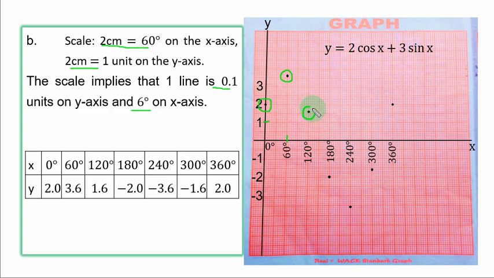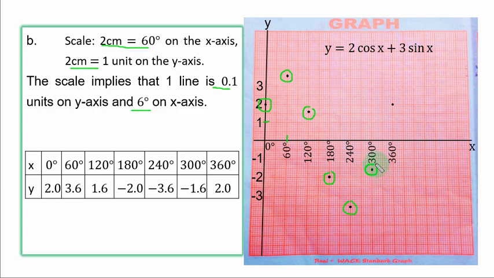When s is 180 degrees, y is minus 2. You have minus 2 here. When s is 240 degrees, y is minus 3.6. Here is minus 3.6. When s is 300 degrees, y is minus 1.6. That is what you have here.